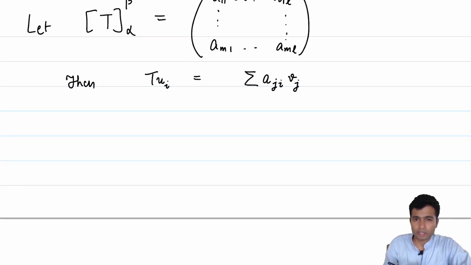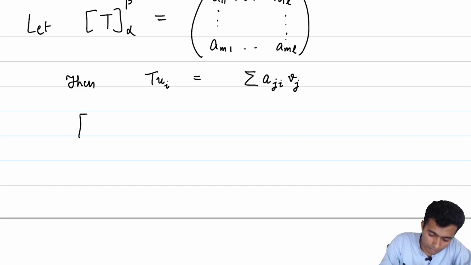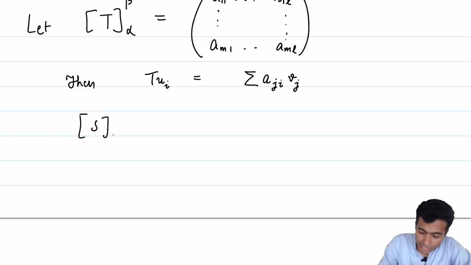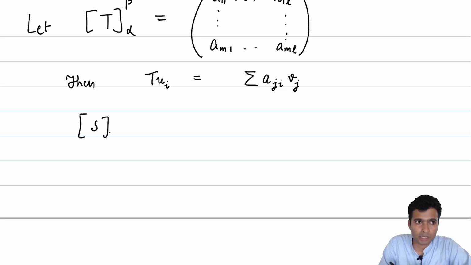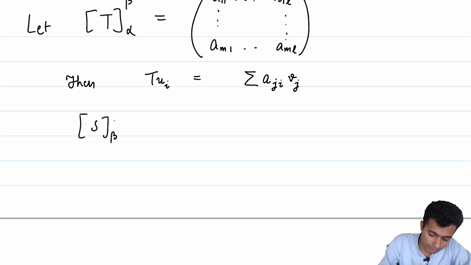Okay. Similarly, let's give the matrix representation of S. Now, S is a map from V to W. V has an ordered basis beta, W has an ordered basis gamma.